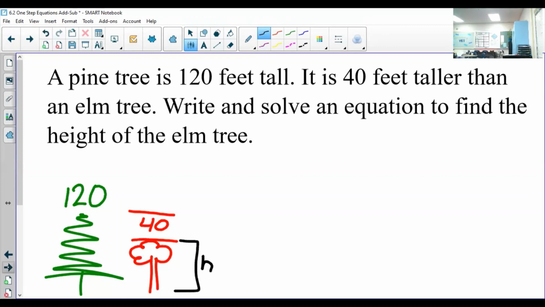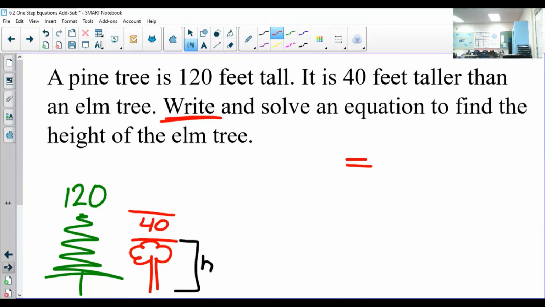Okay, well, let's think about it, okay? My pine tree is 120 feet tall. The first direction says to write an equation, so we need an equal sign. The 120, is it going to be on the problem side or the answer side? Look at our picture.